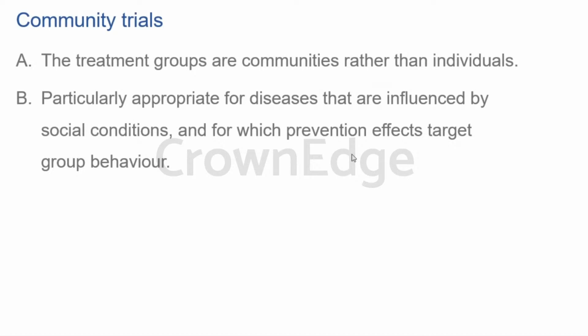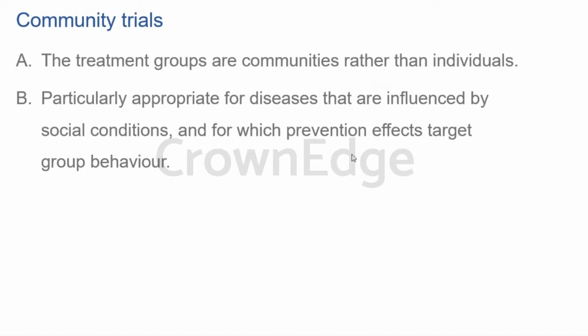Then there are community trials. The treatment groups are communities rather than individuals. So you don't have one particular person reacting to your intervention. You are checking the effect of your intervention on an entire community. It is particularly appropriate for diseases that are influenced by social conditions and for which prevention affects target group behavior.